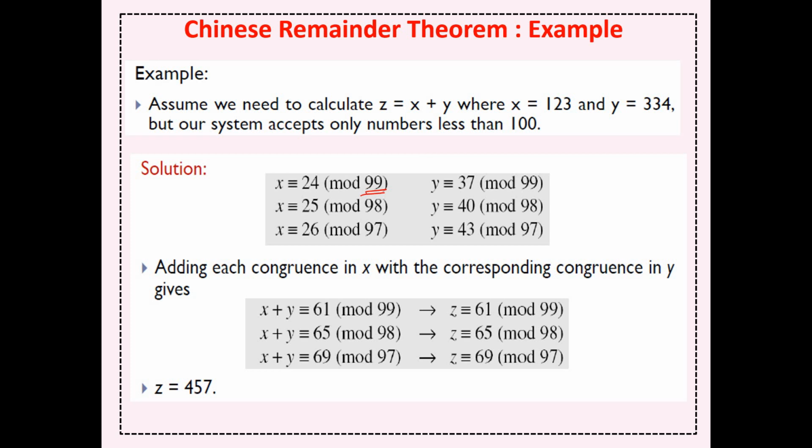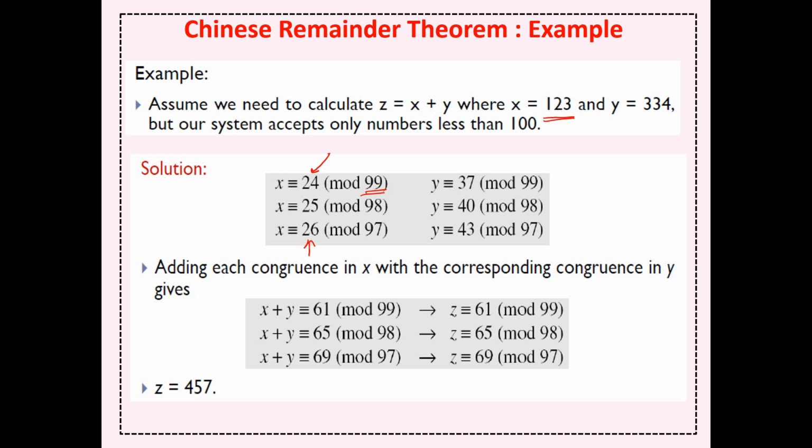Now if you keep that as 99, what will be the value of the remainder, given that 123 has been fed into the system? If you add 99 plus 24, it will come as 123. So basically this has been scaled down to come within the range of 99. These are only 3 of the cases.